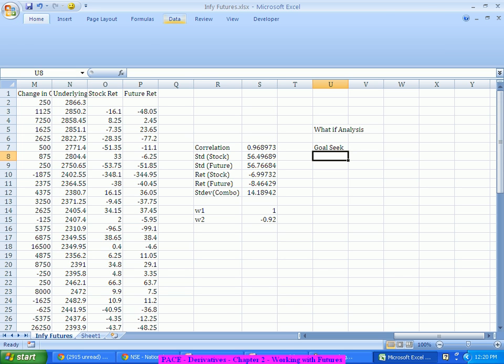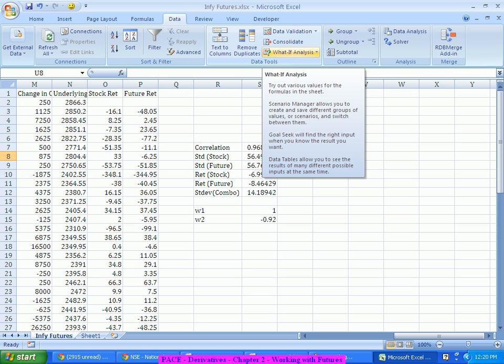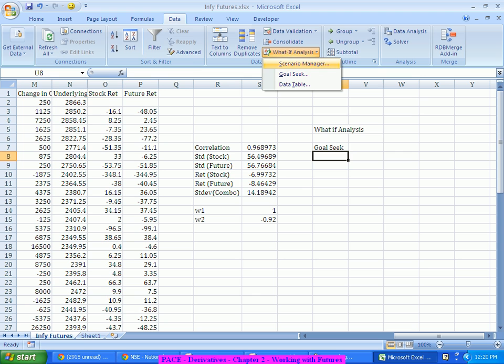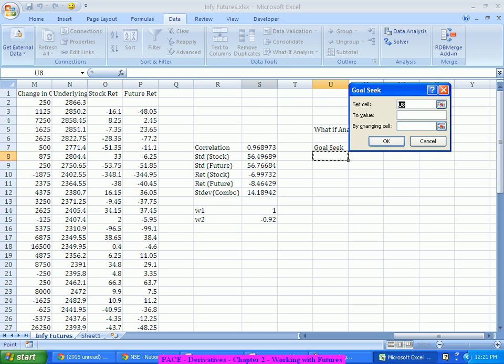You go into the Data tab. You must be seeing What-If Analysis here. Into that What-If Analysis, go for Goal Seek, where it just asks you for a few details. It has 3 values: set cell, to value, and by changing cell.